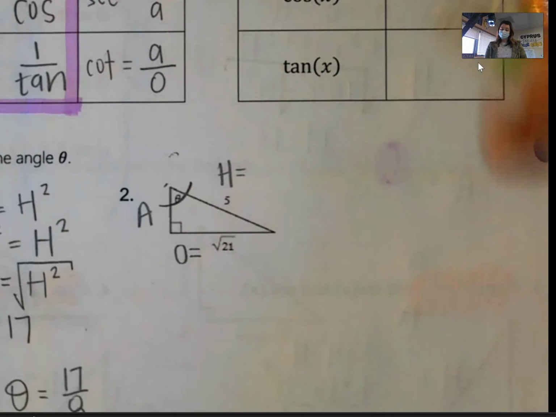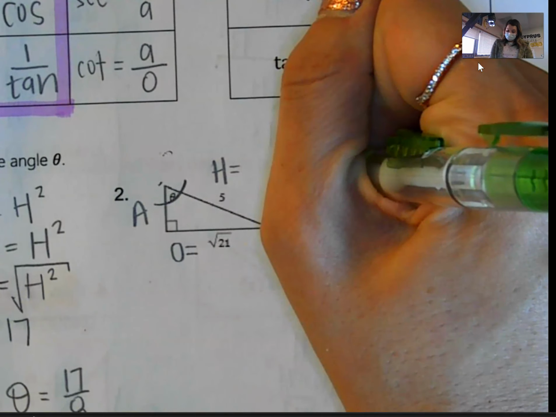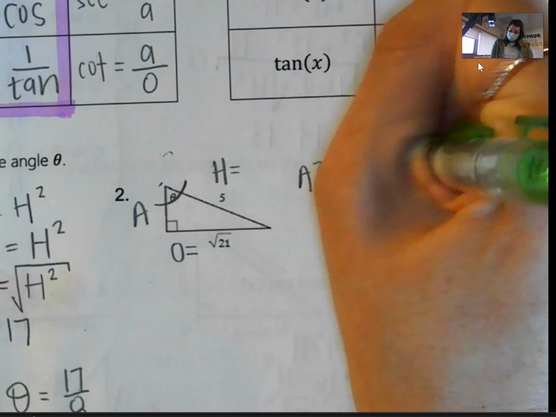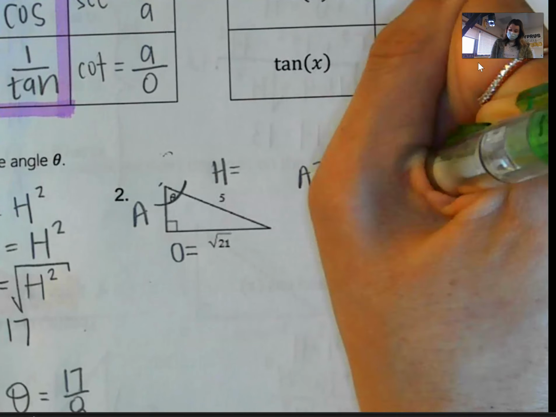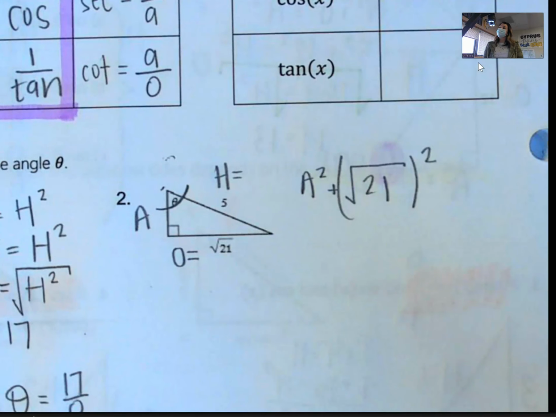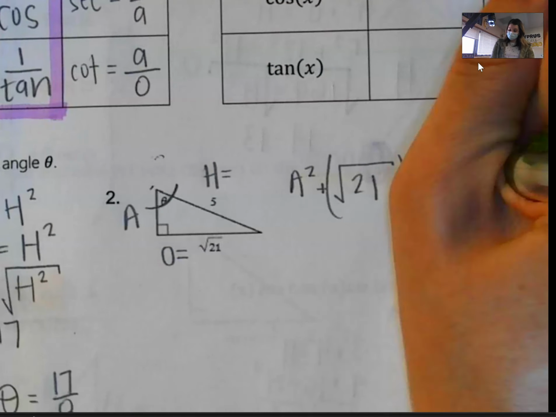So I'll help you set up the equation. We have a squared plus root 21, oh that's weird, squared equals 5 squared.